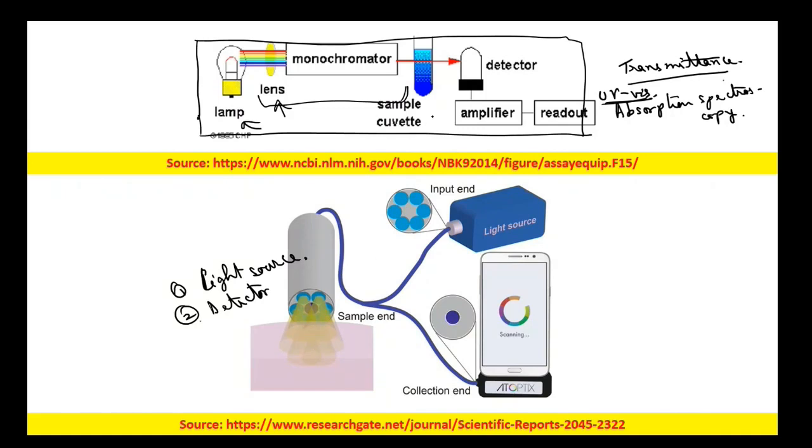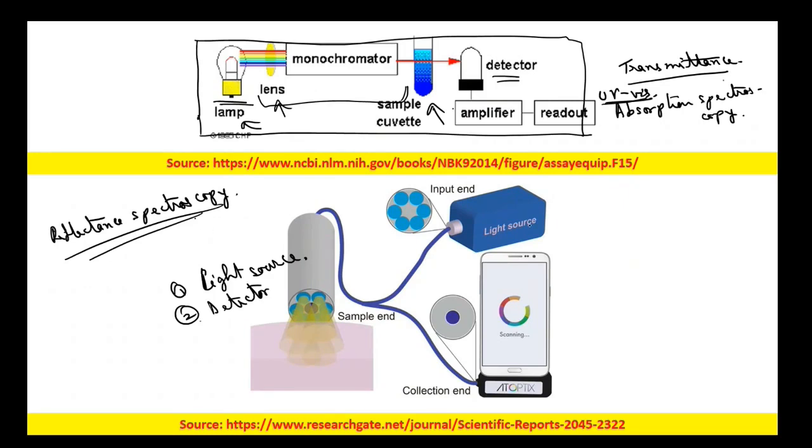Here, in the absorption spectrophotometer, we have the electromagnetic radiation source and the detector on opposite sides of the sample, whereas in reflectance spectroscopy, they are on the same side. Since it is on the same side, it is called reflectance spectroscopy.